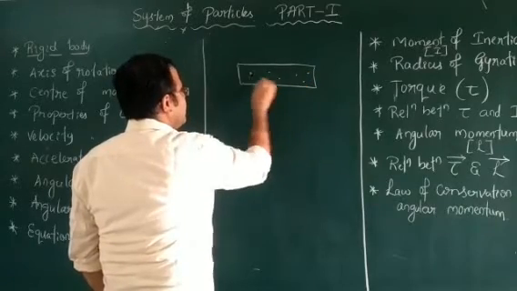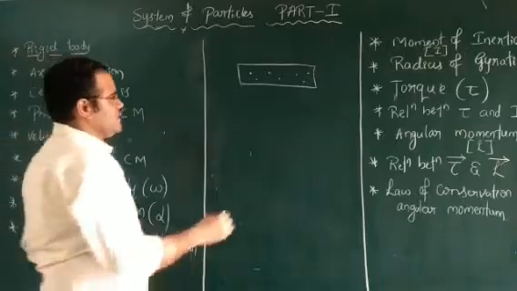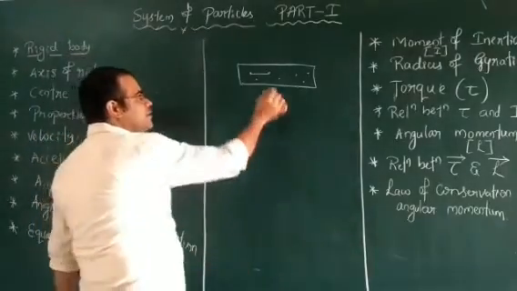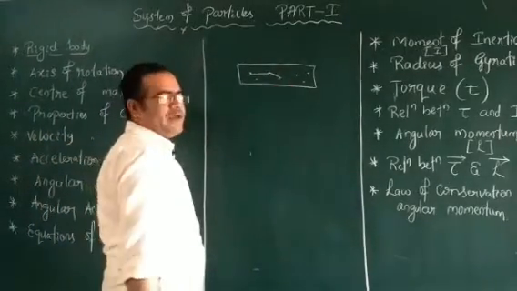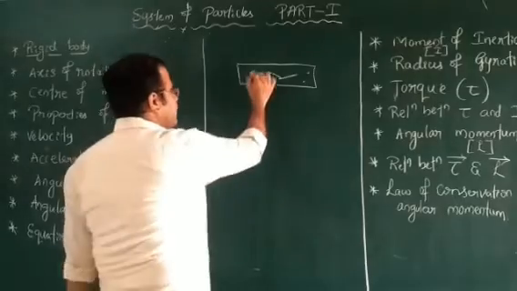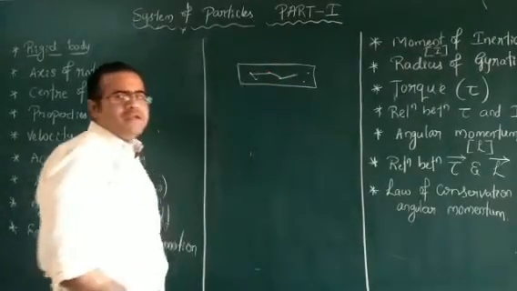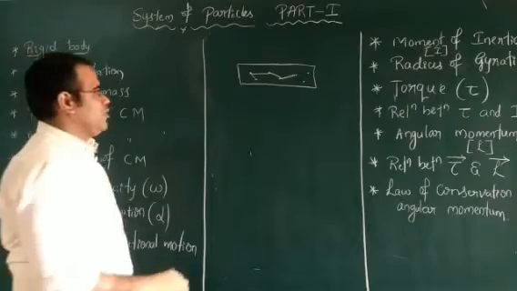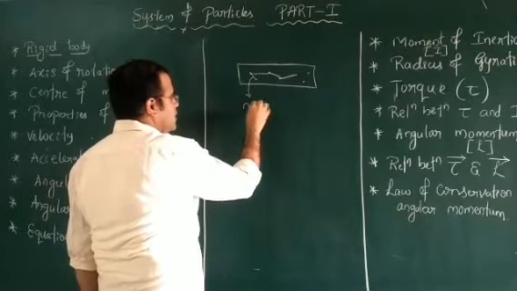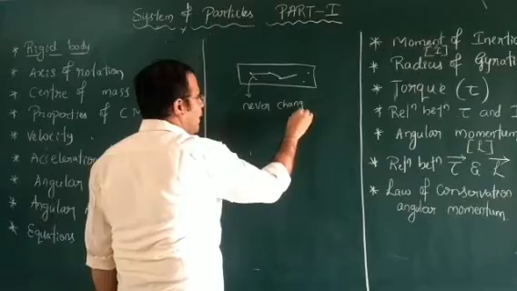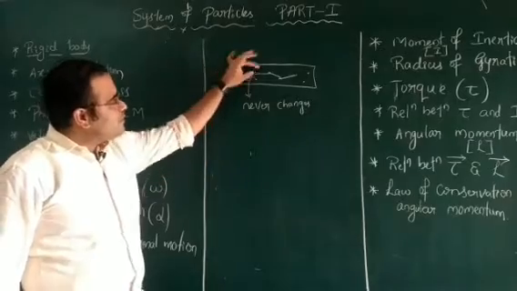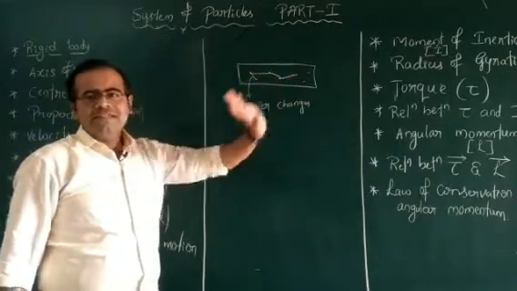If I consider the distance between these two molecules, and again the distance between these two molecules, if we consider any number of molecules, their distance never changes, even though we apply external forces.